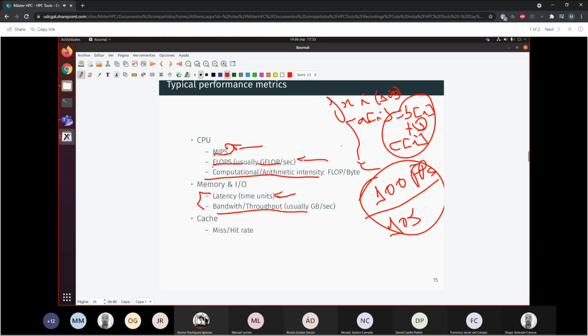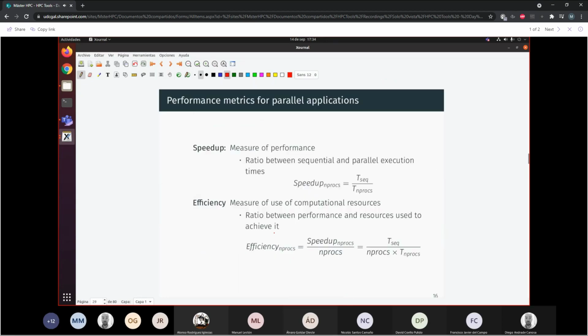Okay, another metric that is important is the speed up, okay? That measures how many times one thing is faster than another. And this is useful in many scenarios. For instance, we have a program, like many that you are going to use in this master, and then you optimize the program because you parallelize it, or you simply use the compiler in order to improve the performance.